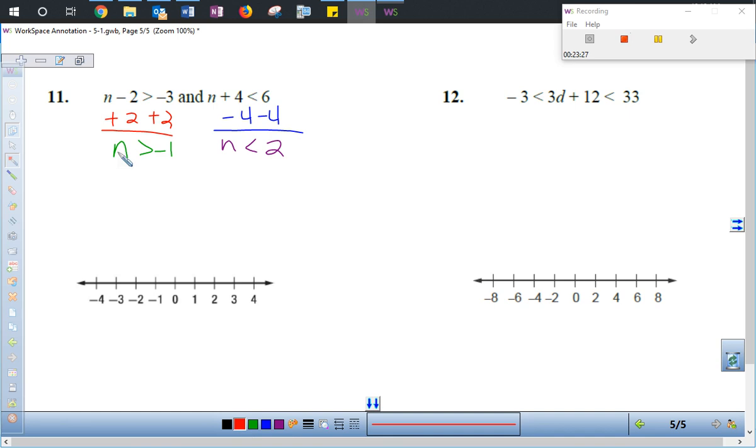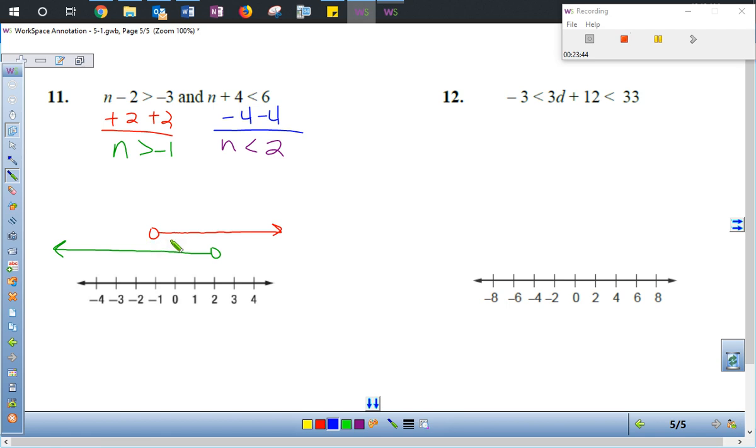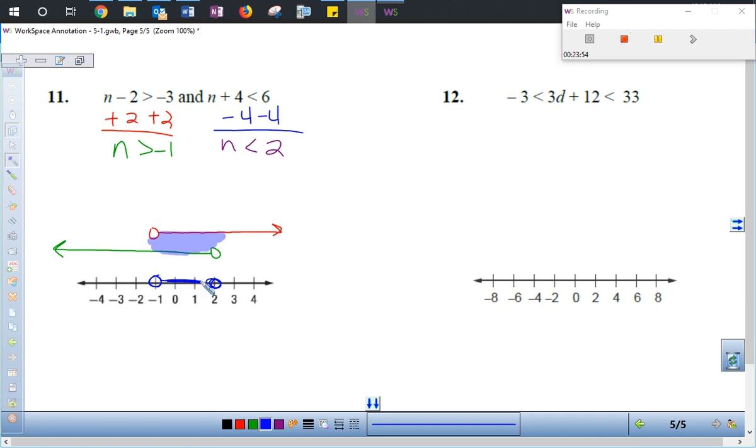Now our helper graphs, n is greater than negative 1. It's going to be an open dot over negative 1 with an arrow going to the right. And then n is less than 2, so an open dot over 2 with an arrow going to the left. Now these guys start overlapping at negative 1 and stop overlapping at 2, both with open dots. So negative 1, 2, and they overlap in between.